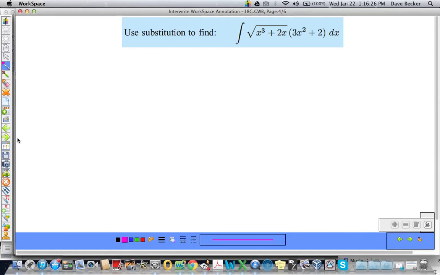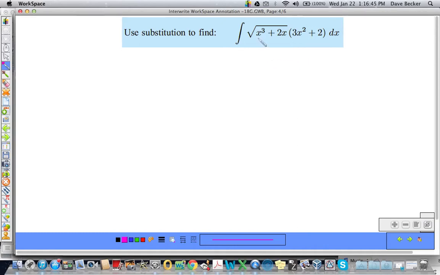And let's try an example. Use substitution to find the integral of the square root of x cubed plus 2x times 3x squared plus 2. So I'm going to use substitution, and I'm going to figure out if I take the derivative of one of these functions, will I get the other one?